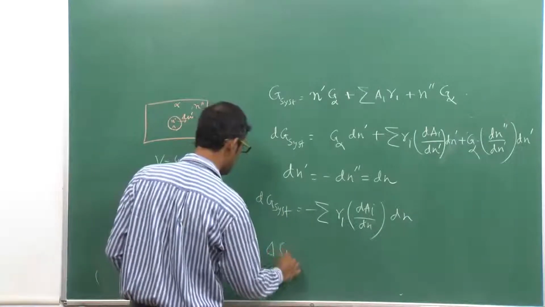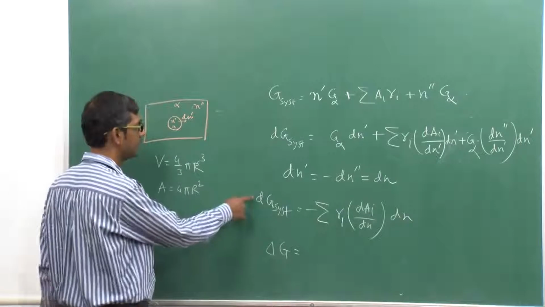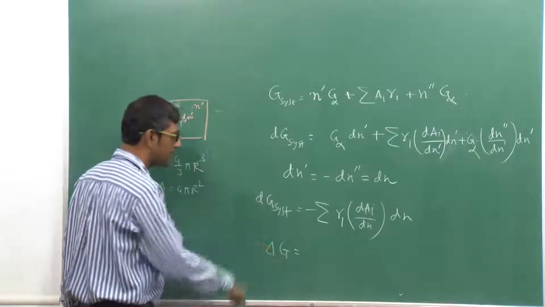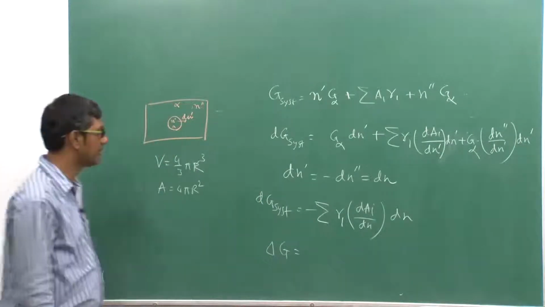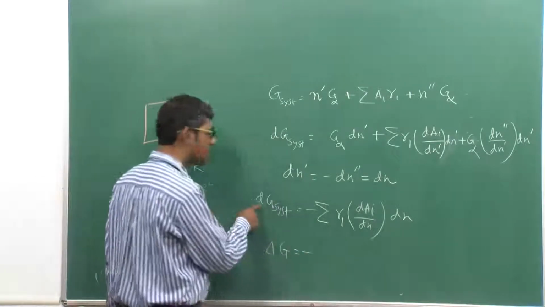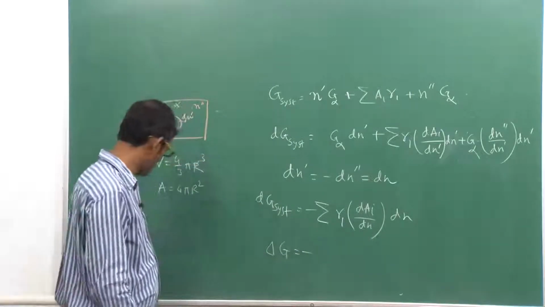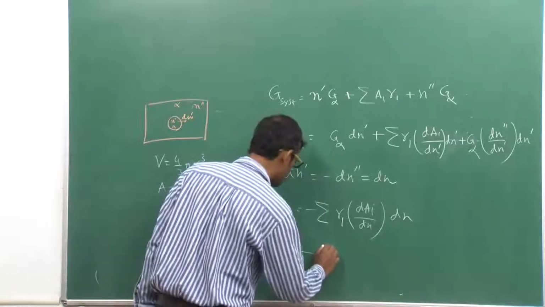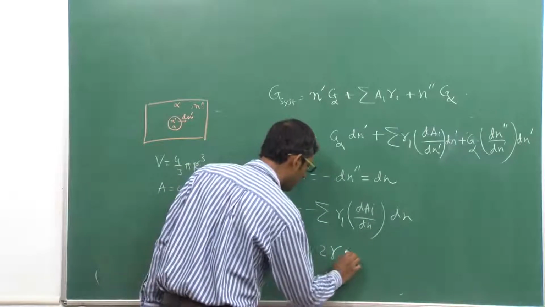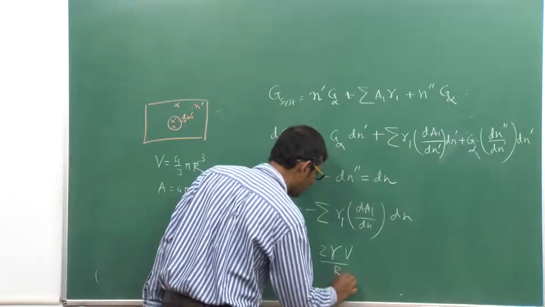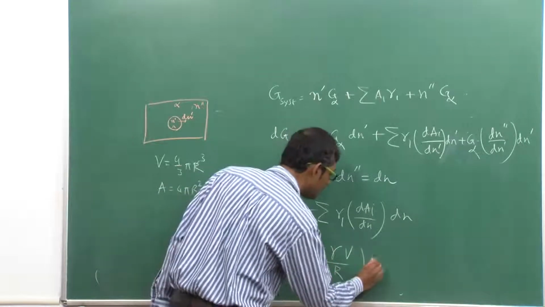We can write this change in terms of delta G. Remember, d is small and delta is big, this is infinitesimally small. We can see that this will be equal to twice gamma b by r multiplied by dn.